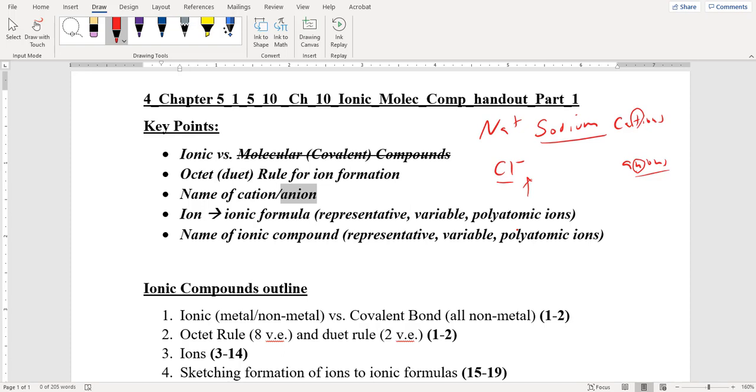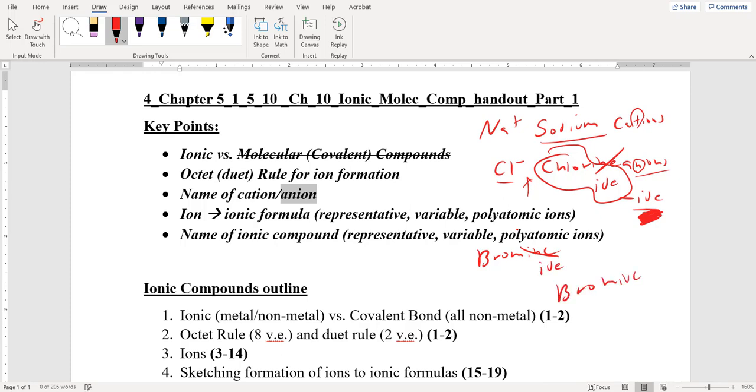Anything that's an anion is much more complicated. We have to have a suffix of IDE. So if the original name was chlorine, then we cut off the INE and we add in IDE, forming chloride. If I have a bromine, we cut off the INE and add in IDE for bromide.